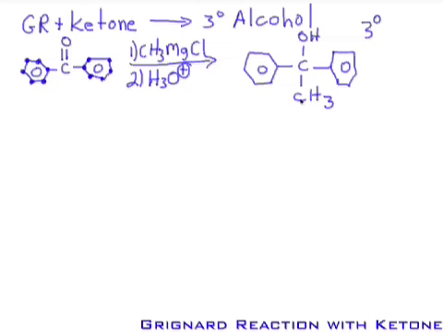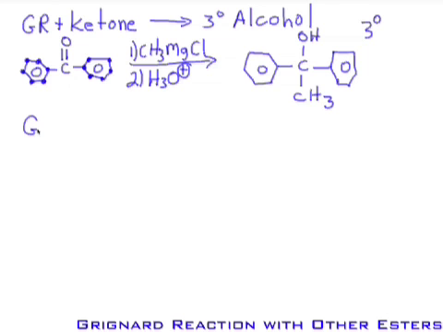If I was to name this longest carbon chain with highest priority group, it's an ethanol. This would be a 1,1-diphenyl ethanol. Okay, so we have an OH. Remember that benzyl alcohol is a common name. We have OH off a tertiary carbon here. The methyl minus was attracted to the delta plus in the carbonyl. And you get tertiary alcohols.